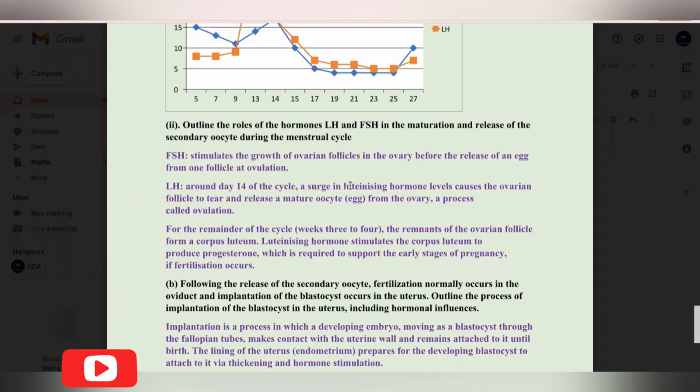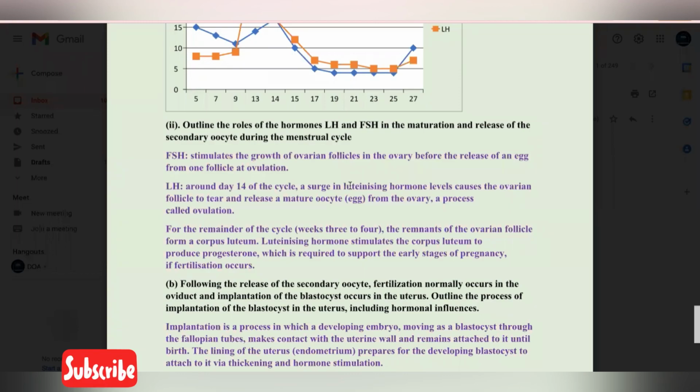And since they ask about the 2 hormones, luteinizing and follicle stimulating, then we will focus on the follicular phase and the luteal phase. What this hormone specifically does is it stimulates the growth of ovarian follicles in the ovary, right? Or what we would say primary oocytes. And this occurs prior to ovulation.